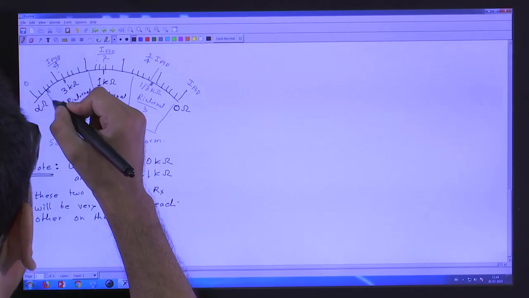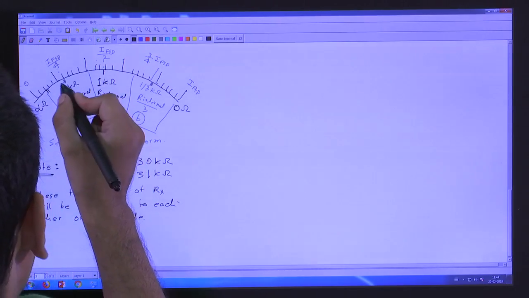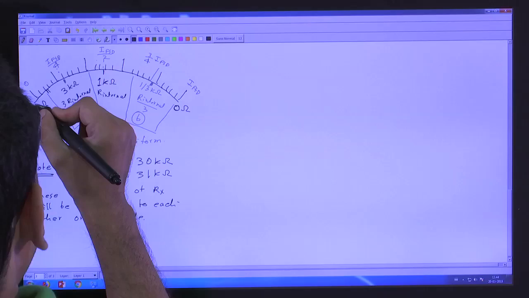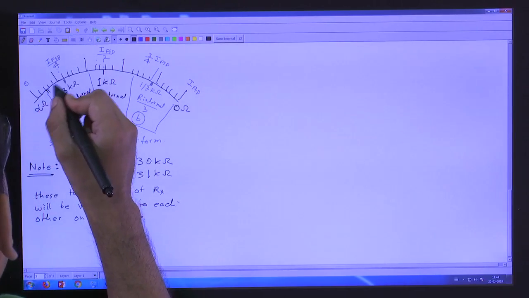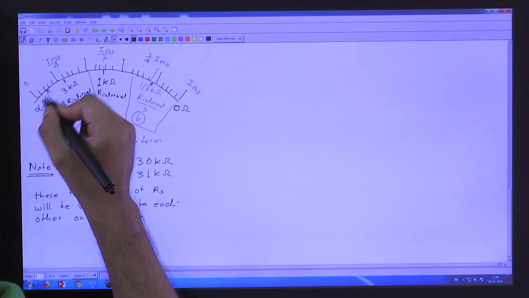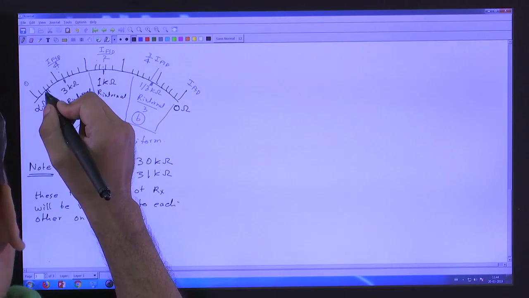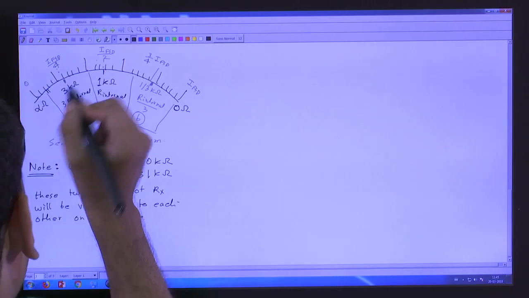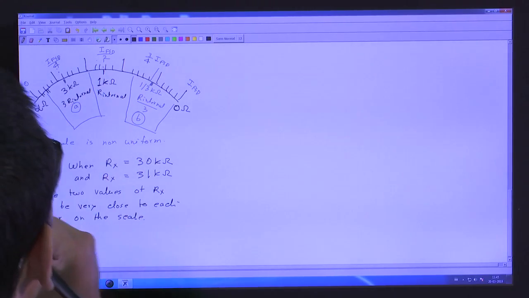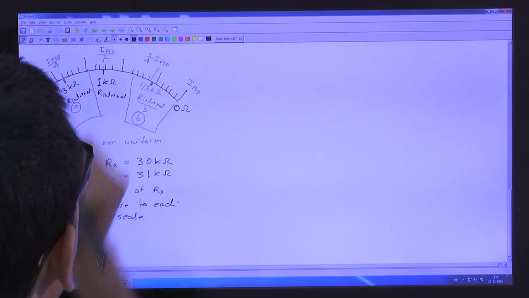And you see, all high values of Rx are in a very small region. Within this 25% of the scale, we have everything from 3 kilo ohm to infinite. And if I have 1 mega ohm and 2 mega ohm, those two will also be very close, and we cannot distinguish easily between those two positions.